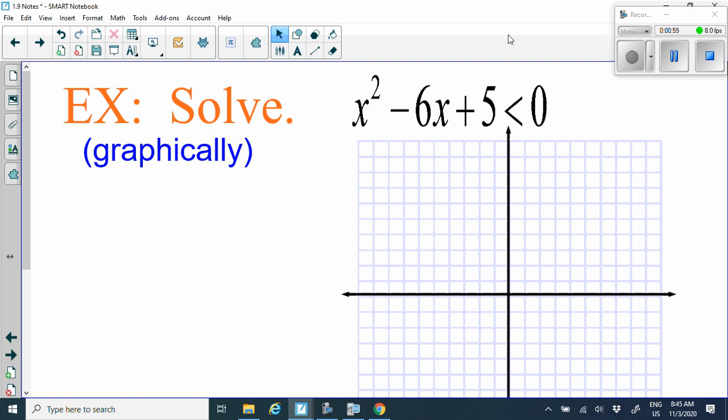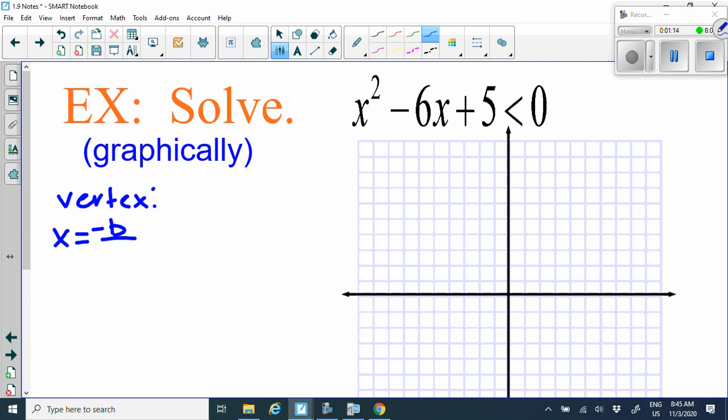Now, in order to do this, we first have to graph this function. Notice it is in standard form, so the very first thing is to figure out the vertex. We do, of course, x equals the opposite of b over 2a. So we have 6 over 2 times 1, which gives us 3.